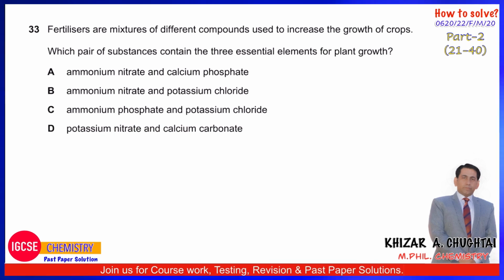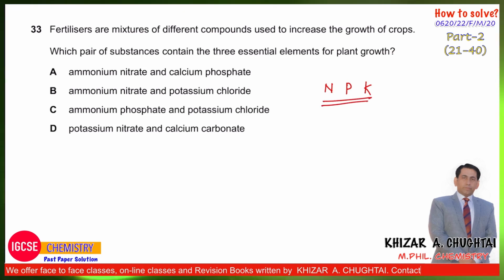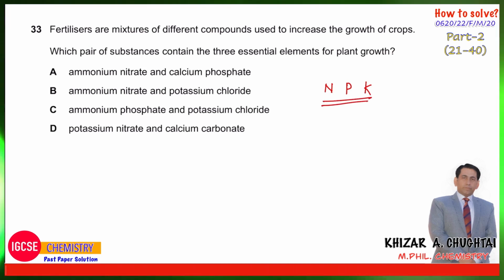Fertilizers are mixtures of different compounds used to increase the growth of crops. Which pair of substances contains the three essential elements for growth? Basically, N, P, K. These are the three major essential elements used for the growth of the plant in fertilizers.